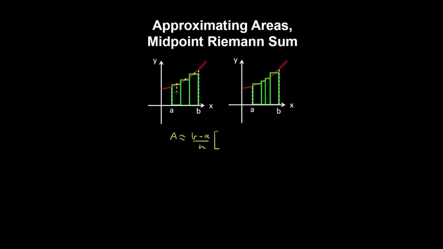Then multiplying this by the y value at the midpoint of each rectangle, we have y at 1/2, and then plus y at 3/2, and so on, up to y, and the index of this final y value will be n minus 1 plus n on 2. So that gives 2n minus 1 on 2.